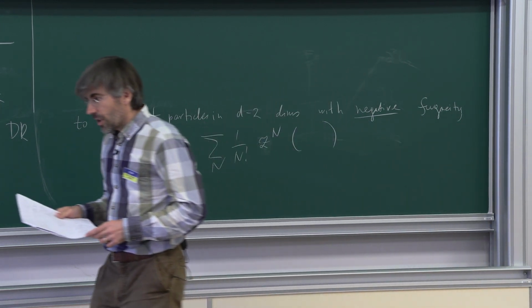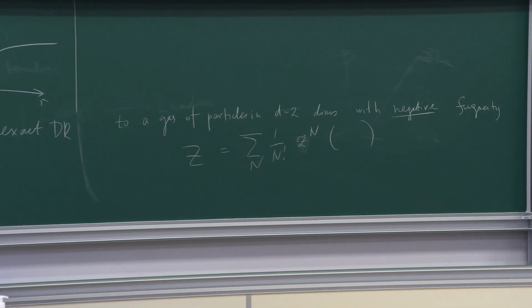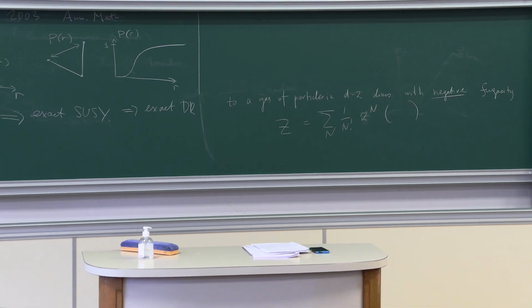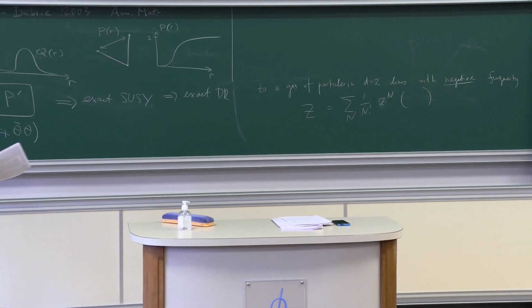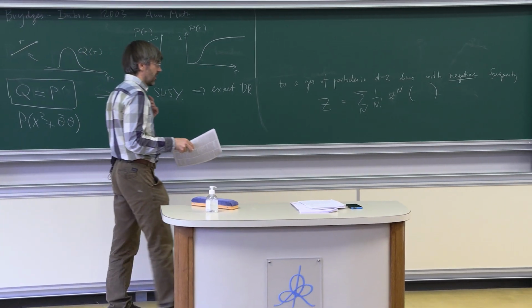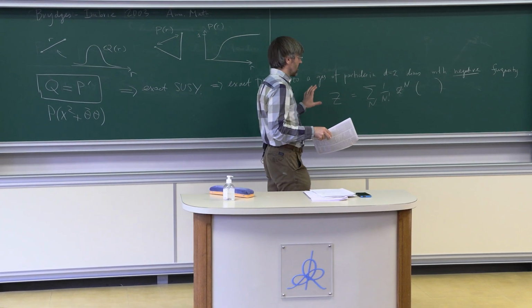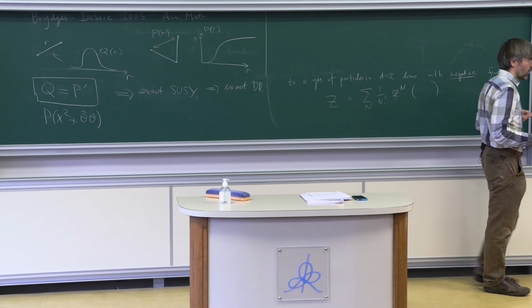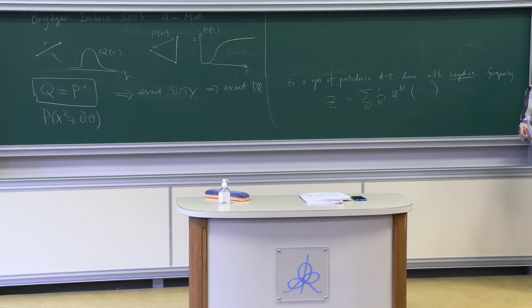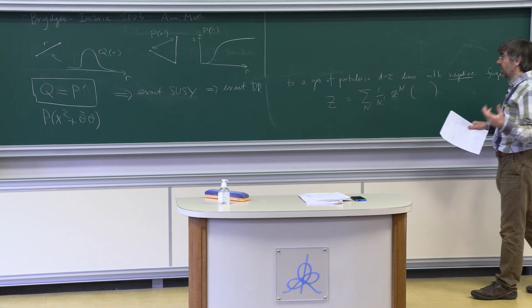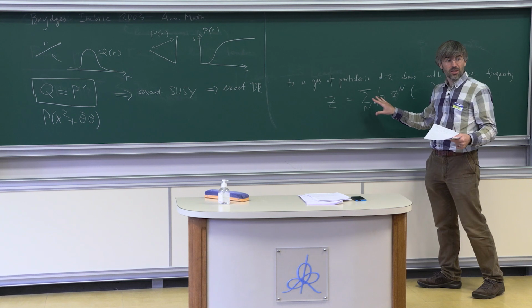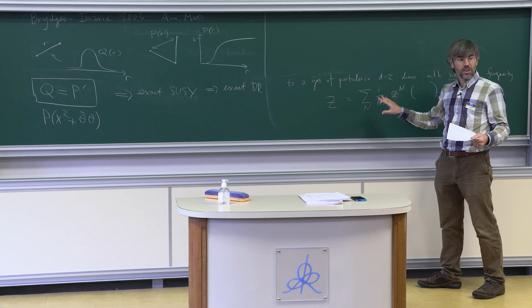And so if you take a partition function of a gas with positive fugacity, then it's just a non-singular function of fugacity. But if you make analytic continuation to negative fugacity, it's known that this partition function of a gas with repulsive interactions has a singularity. And it is believed that this singularity is in the universality class of the Lee-Yang model.